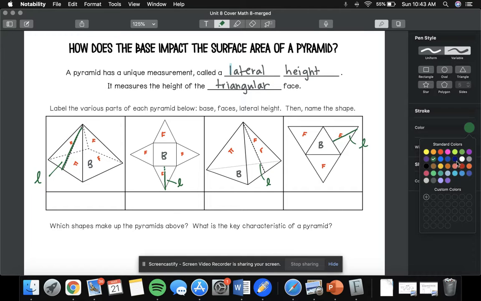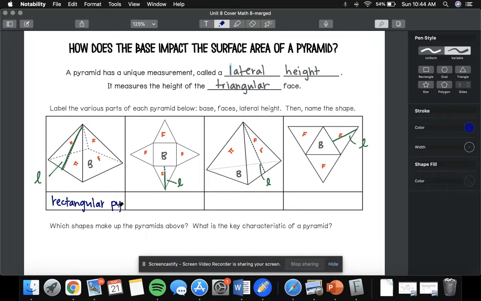Now we are going to label these shapes. We look at the bottom first. Because the base is a rectangle, this is a rectangular pyramid because it comes to a point. This is also a rectangular pyramid because the base is a rectangle, and if I were to fold it up, it would go to a point.